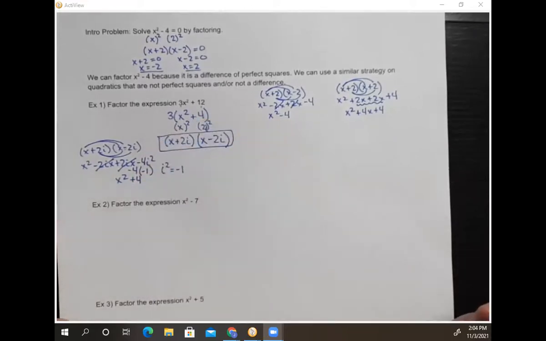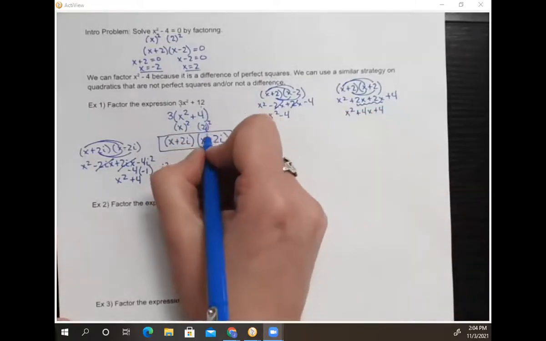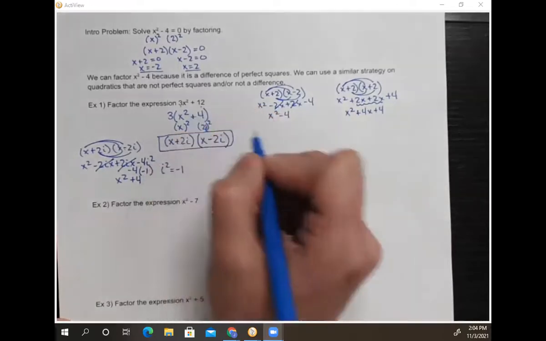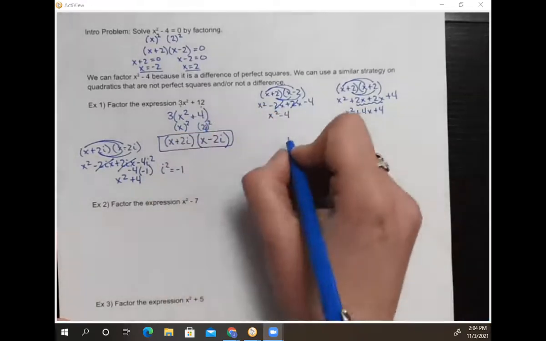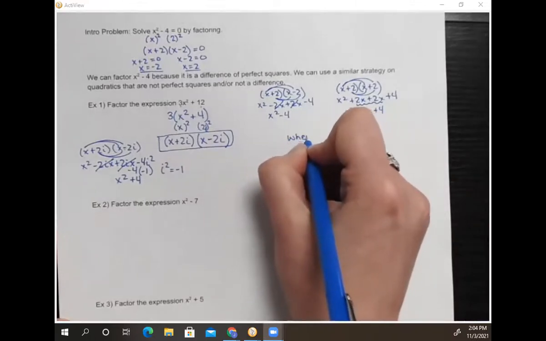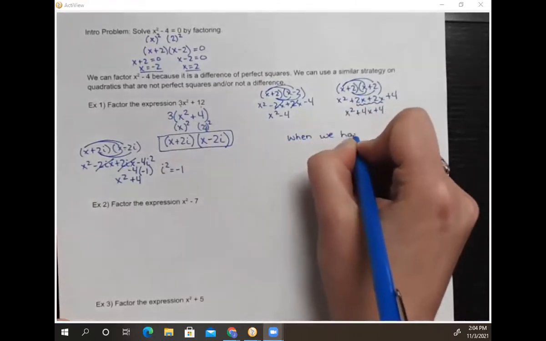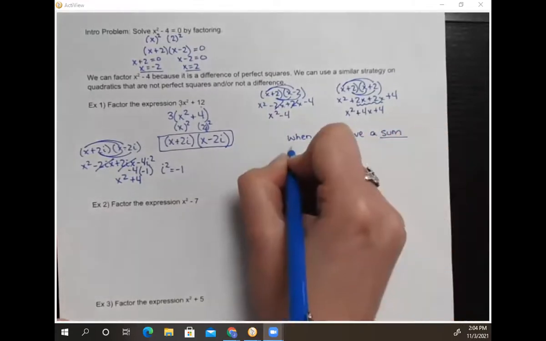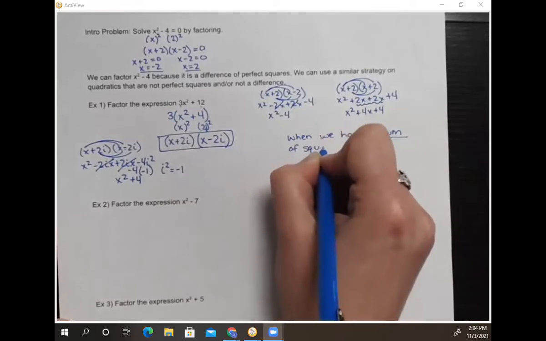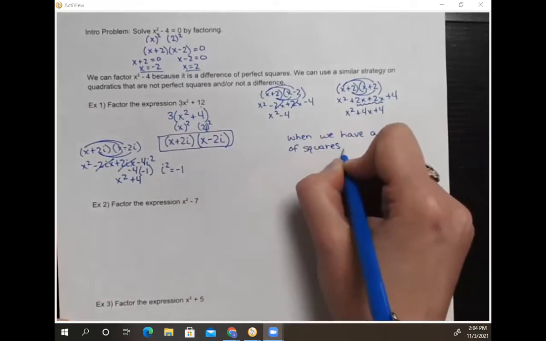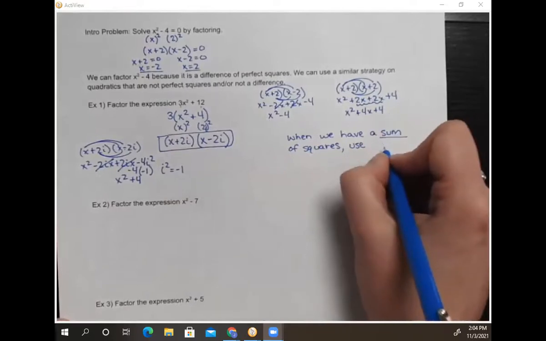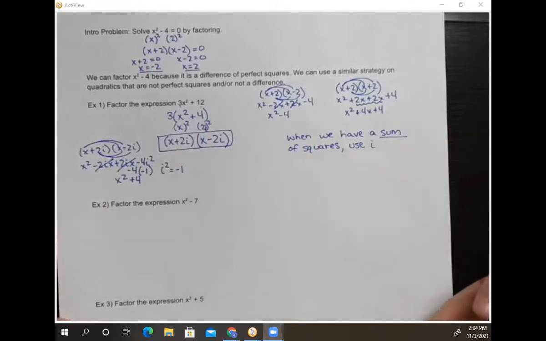So here's what we can take away from this. I can use that difference of squares pattern, but I need the imaginary number for that second term when I'm adding instead of subtracting. So when we have a sum of squares, use i.